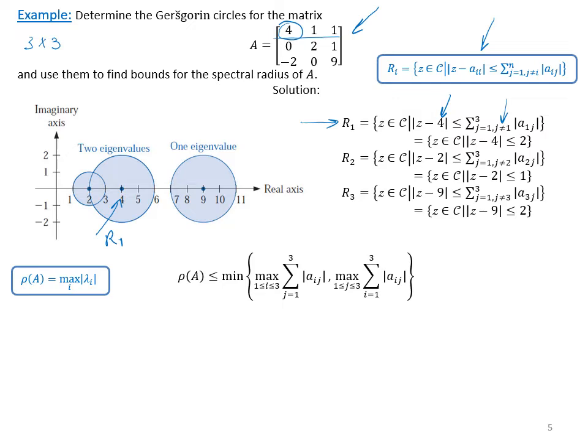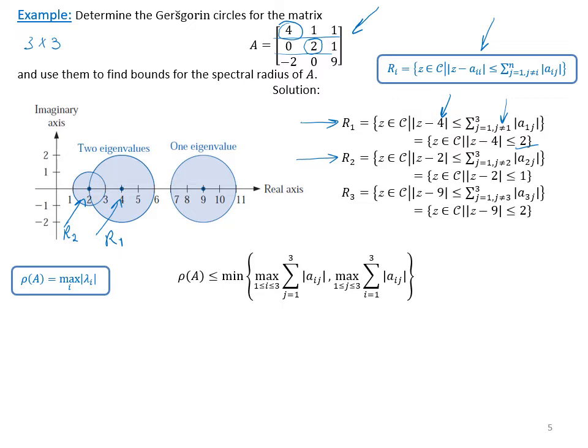If we do it, 1 plus 1 gives us 2. Then let's find the second circle, R2. We should look at the second row, and the center of this circle will be at point 2. So our circle R2 is here. Now, in order to find the radius, we should sum up all remaining elements.